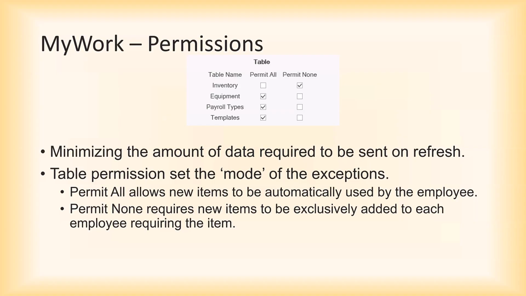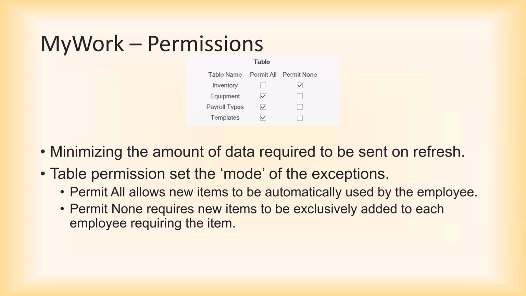So instead of sending over 800 permissions that says he has it, we send over one little teeny bit, and now I can see all the equipment at the table level. So again, it radically reduced the amount of permissions we had to send, which radically increased the performance of MyWork on the web. But again, there are still some things in here that you want to think about.